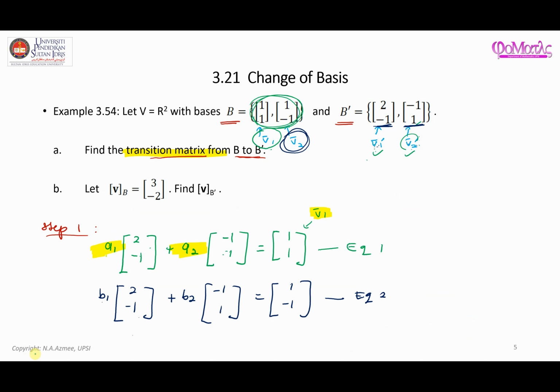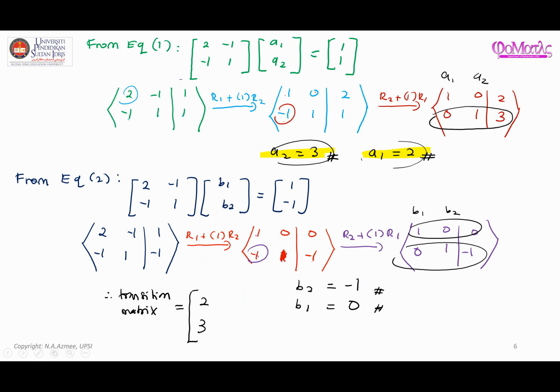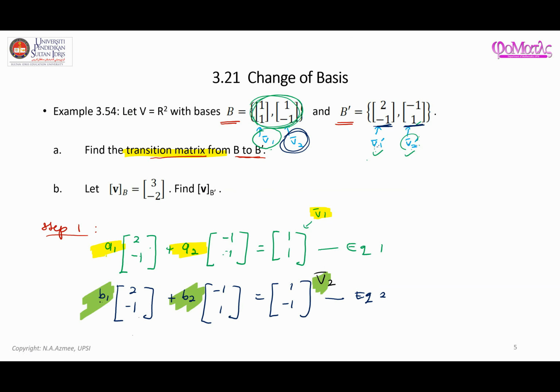So this is B1, this is B2, and this is vector 2 from the old basis. The result that we get for B1 and B2 will be 0, negative 1. So that is the transition matrix that you should come up with, and that is the answer to the first question here.